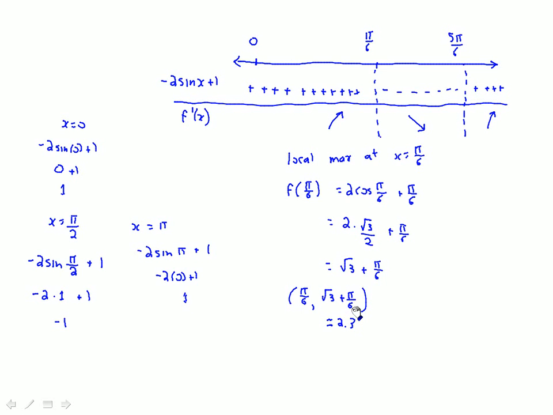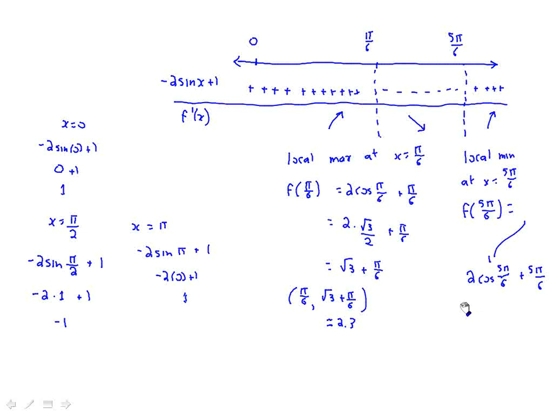And then as you move on, you're going to see that you have a local min at x equals 5 pi over 6. Now everything works out pretty much the same with this question when you plug it in. There's one slight difference, and that would be 2 times the cos of 5 pi over 6 plus 5 pi over 6.